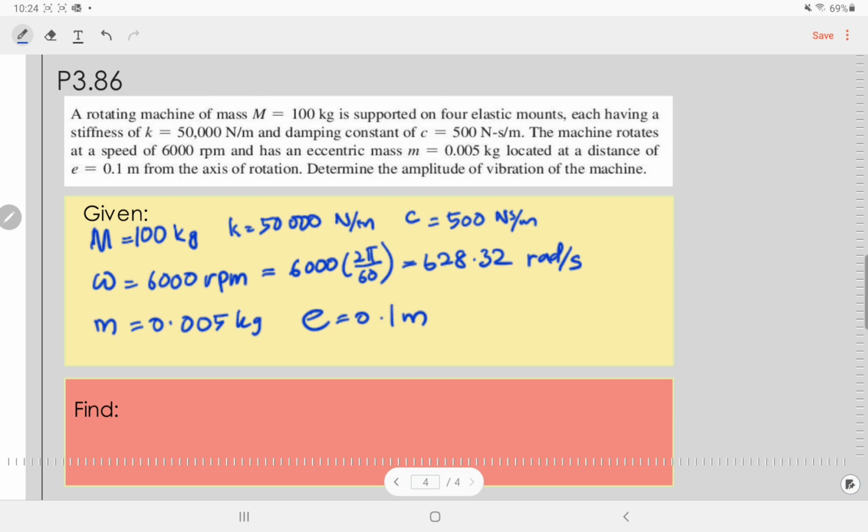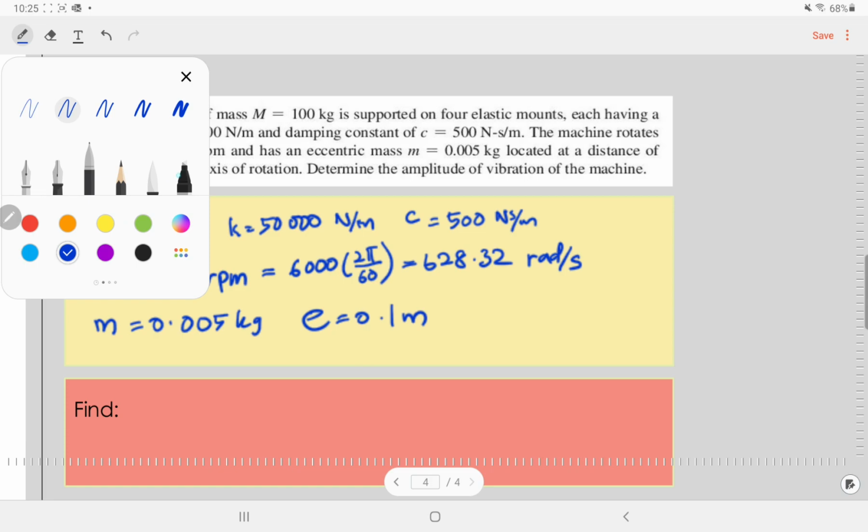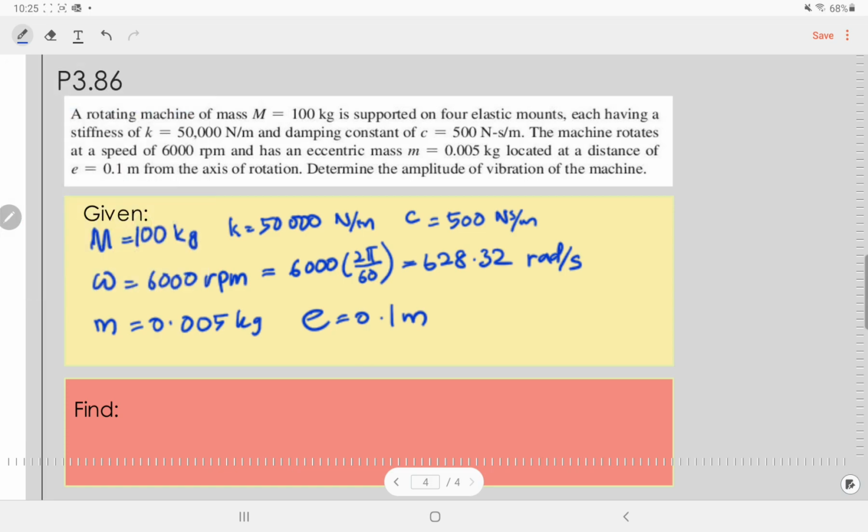You have a rotating machine of mass M equals 100 kilograms. Maybe this problem is a little bit easier, because you already have all the values given in the form of variables. So I just list down all these variables: you have your capital M, K, C, your omega.